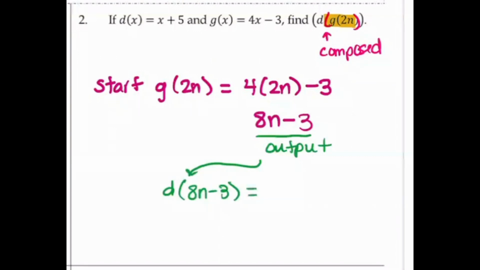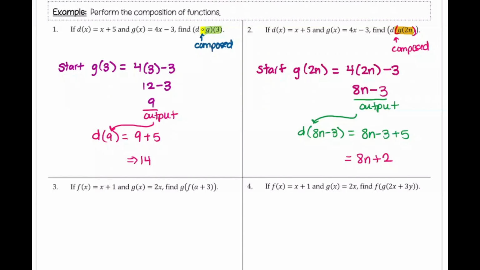And again, we are going to evaluate this input into the d function and get our final result to be 8n plus 2. So two things to note. When we have a numeric input, we're going to have a numeric output. When we have an algebraic input, we will always have an algebraic output.